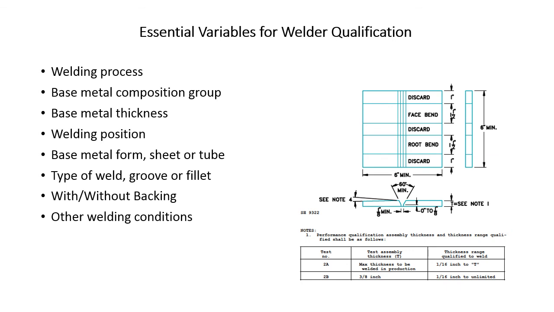Welding position, is it all flat? Is it overhead? Is it horizontal? Position. Base metal form, is it sheet, tube? What are we welding? Type of weld groove, is it groove or fillet? Is it with or without backing? Are we doing an open root weld or are we using a backing strip? And then other welding conditions can also be lumped in here depending on the code or the customer requirements.